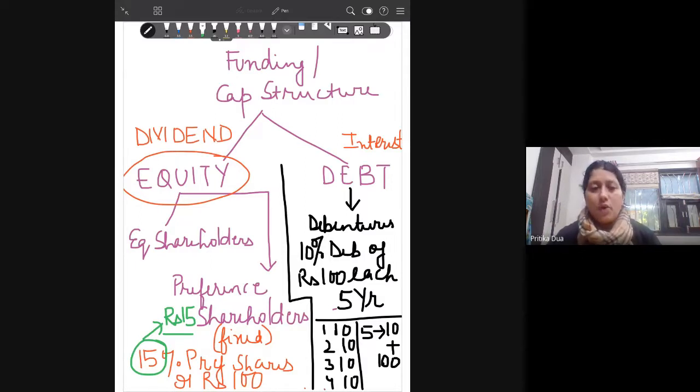Now you have seen for debt it is fixed, for preference shares it is fixed, for equity there is no fixation.